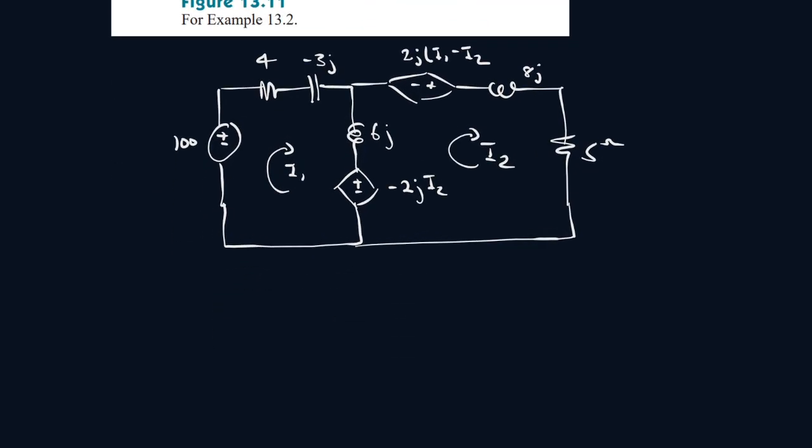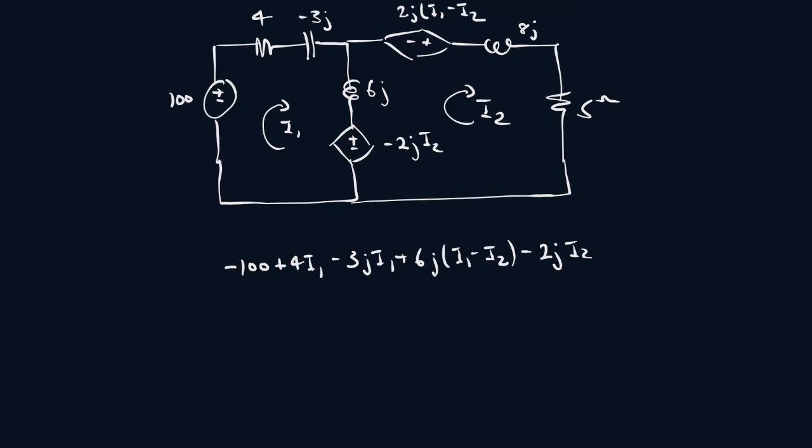So it's minus 100 plus 4I1 minus 3j I1 plus 6j (I1 minus I2) minus 2j I2. And so this is mesh 1.